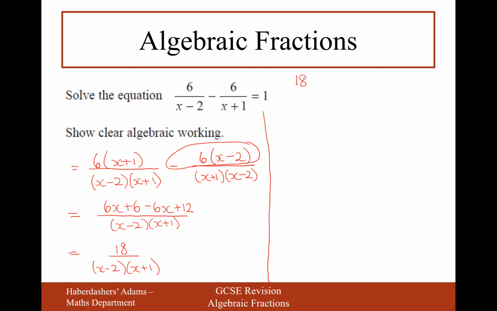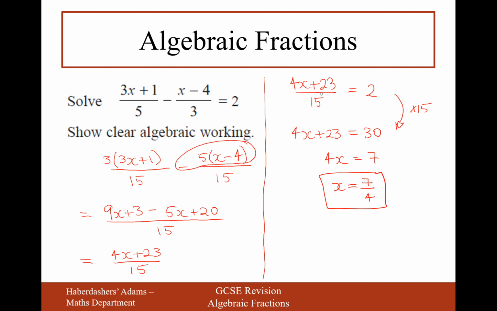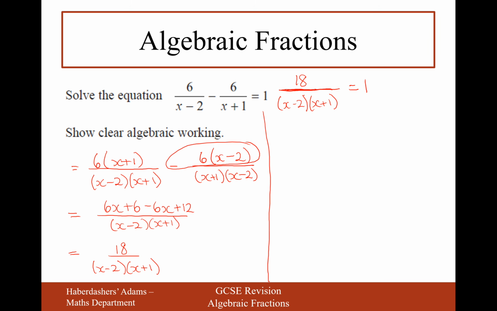So it's going to be 18 over x minus 2, x plus 1 equals 1. So the next thing we're going to do is multiply by the denominator onto the other side. Just like we did with the previous one, if I show you going backwards, we took the denominator and multiplied it onto the other side by multiplying both sides by 15. So it's coming back to this one.